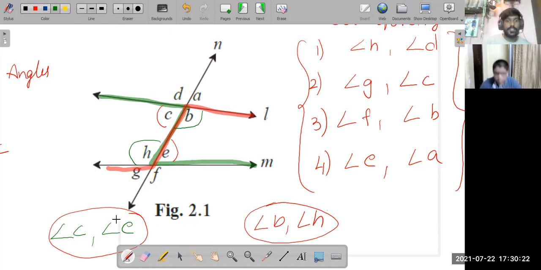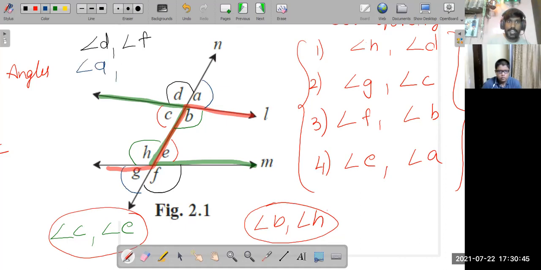Now, if you notice carefully, angle D and angle F are also on opposite sides, opposite direction. So that is also a pair of alternate angles. Similarly, angle A and angle G, they are also on opposite sides, opposite direction.